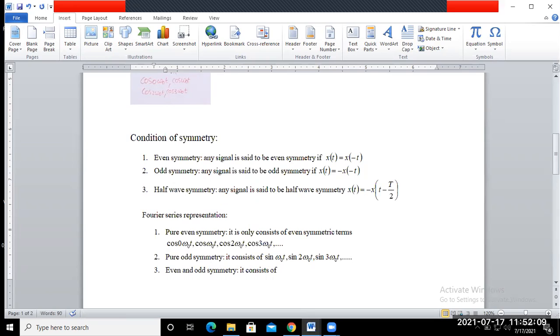Even symmetry of odd harmonics are present here. That means for figure number 1, it follows both the symmetries, even as well as the half wave symmetry.